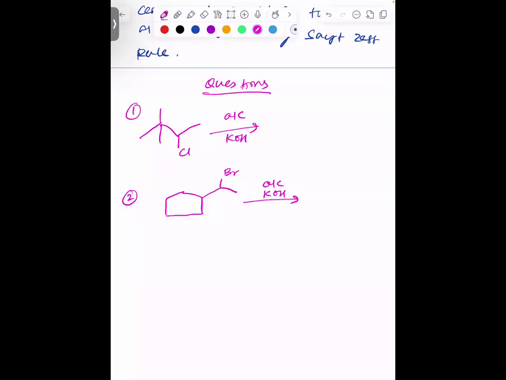If you forget carbocation rearrangement, no need to panic. I will discuss it once again.